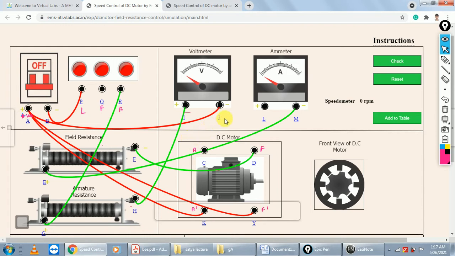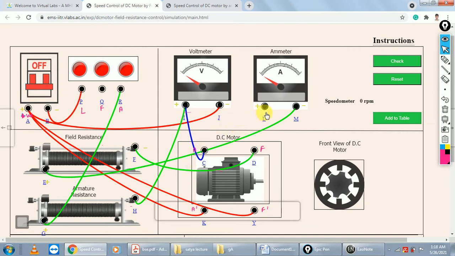And this I terminal is connected to this A. Okay, so here we control the voltage by this resistance. We control the voltage across the armature.